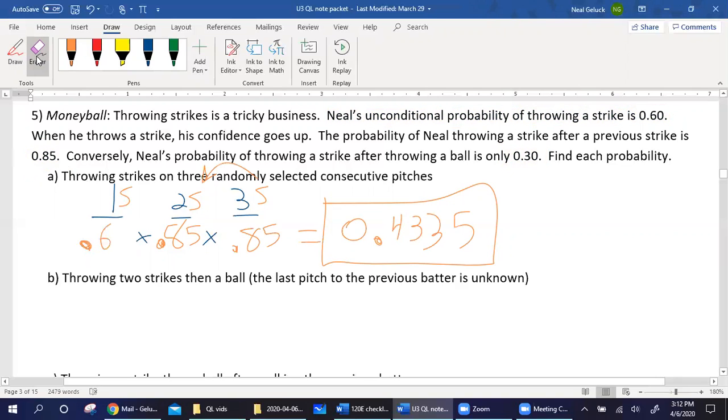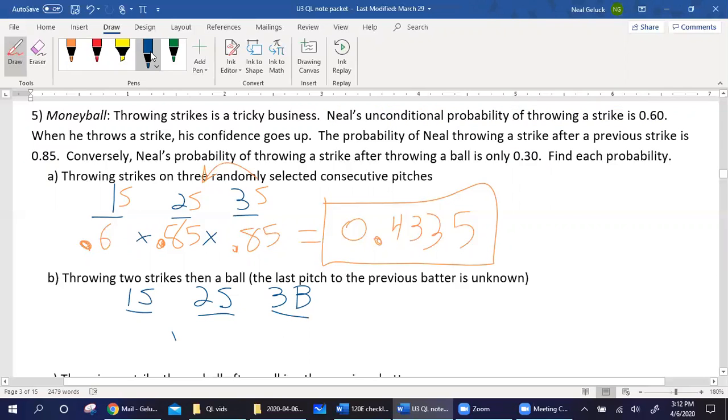On the second one, throwing 2 strikes and then a ball. The last pitch to the previous batter is unknown. Okay, so 2 strikes. So first pitch, strike. Second pitch, strike. Third pitch, ball.